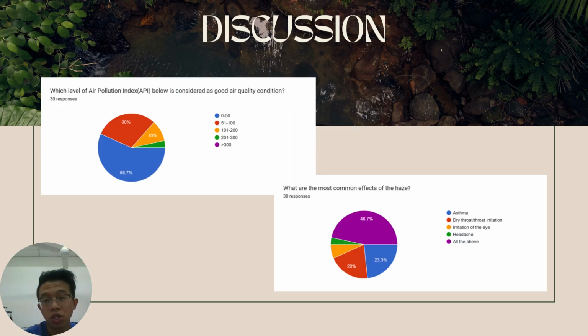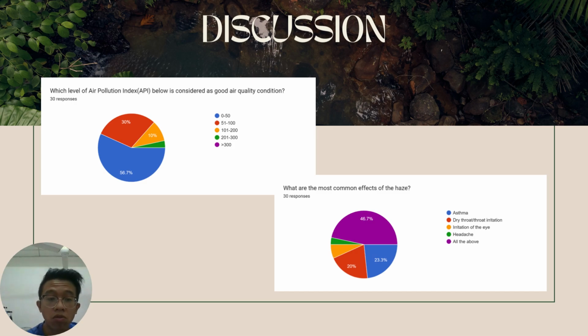The first part of our questionnaire asks which air pollution index is considered a good air quality condition. From Figure 5.3, we can see that most of the respondents, 56.7%, agree that 0 to 50 is considered a good API level, and the least of them, 3.3%, which is 1 respondent, agree that 201 until 300 is safe.